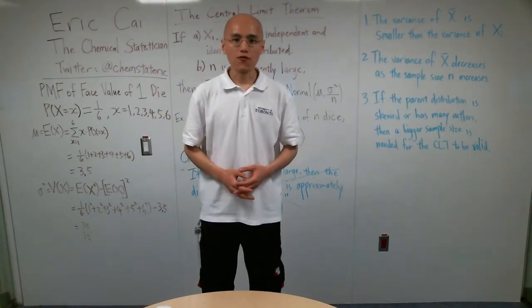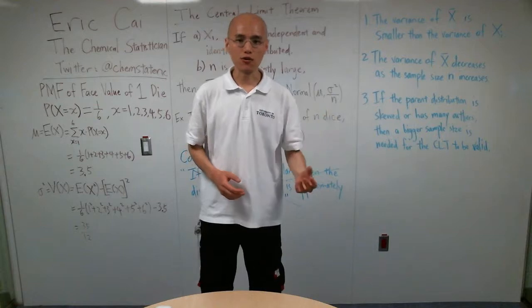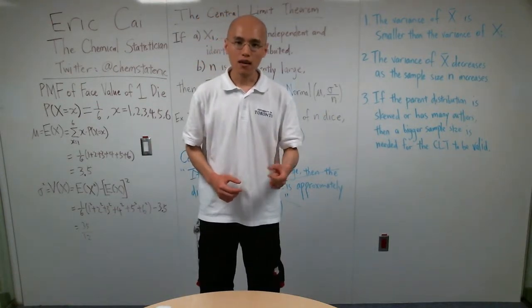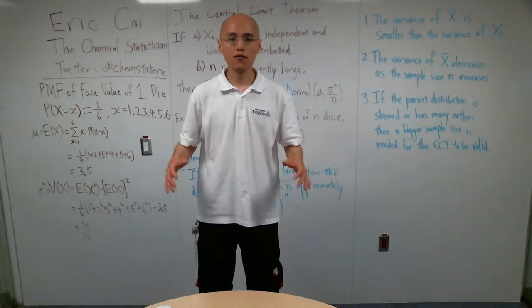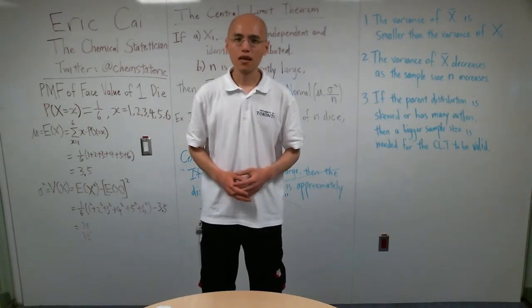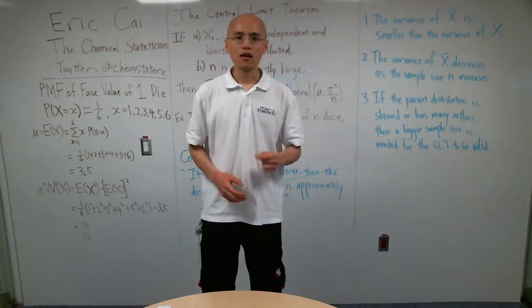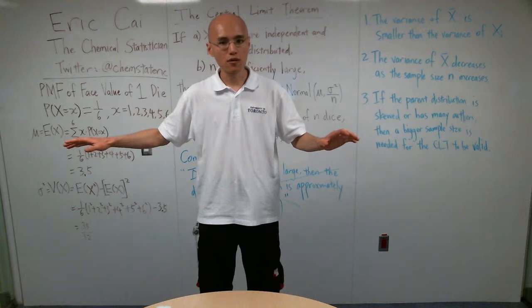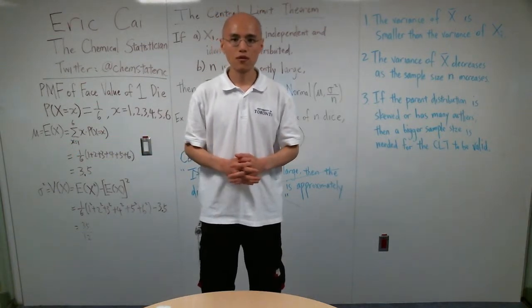Number 1, if you have a skewed distribution as opposed to a symmetric distribution, then you're going to need a bigger sample size for the CLT to kick in. Now, why is that? Because you are starting out with more extreme values than middle values.